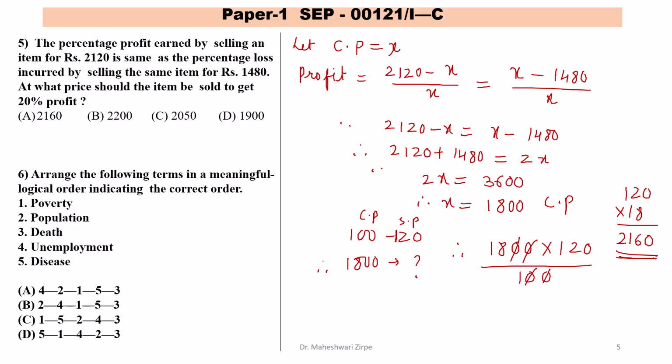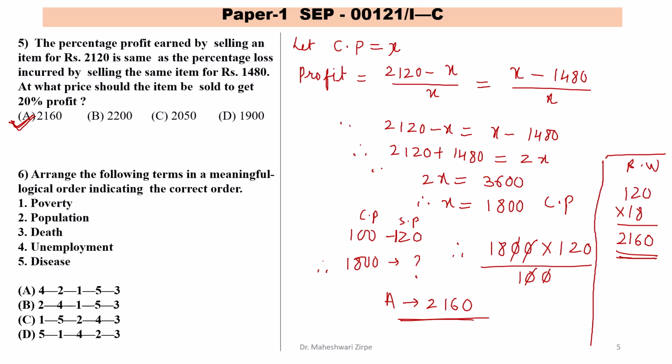Okay students, here I have done the rough work for you. This is your RW, rough work. So your correct option is A, which is 2160. This way we have found the cost price and selling price.